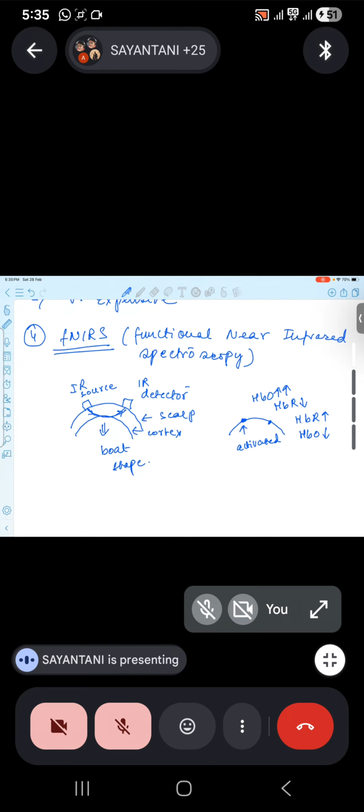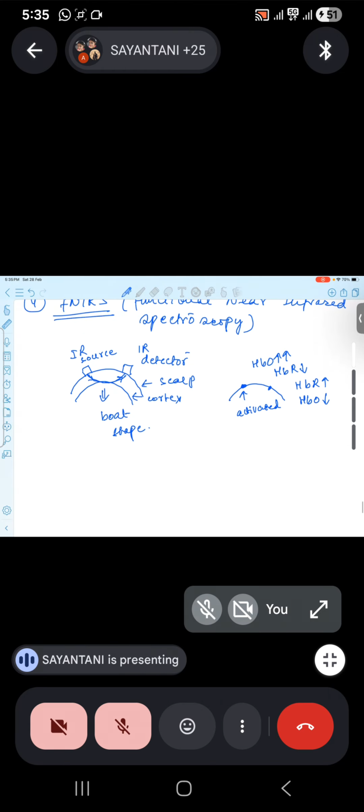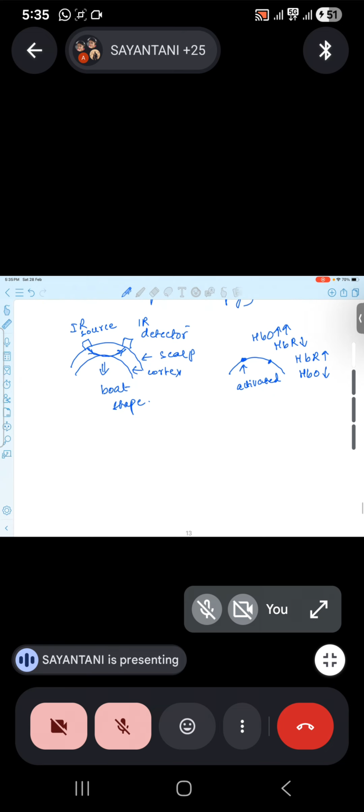So from here, we are taking two types of response, one for the oxyhemoglobin molecules, another for the deoxyhemoglobin molecules. That is why we need two types of wavelengths of IR light. So in IR, we have two wavelengths.